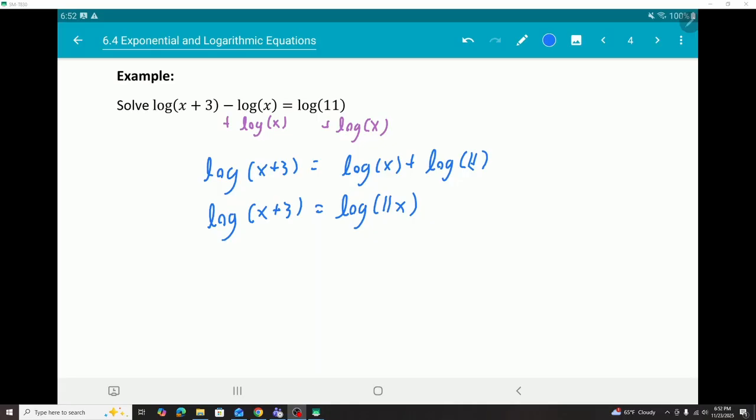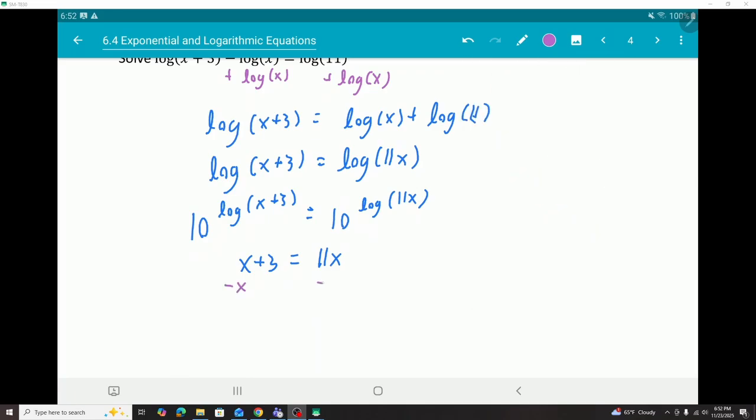Now I apply a rule here, which you might guess what could happen. I raise both sides to the 10. 10 because this log doesn't have a base on it. And so what that means is the base is actually 10. I get x plus 3 equals 11x.